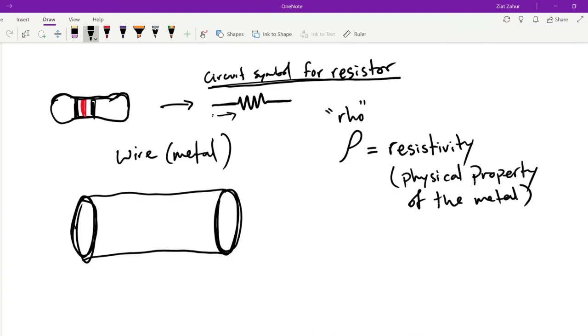Similar to the K value of springs, when we did springs, remember how different metal springs would have different K values, which would mean that they stretch or compress different amounts, right? So if you use copper or nickel, or if you want really good wire that has very low resistance, you would use gold or silver.